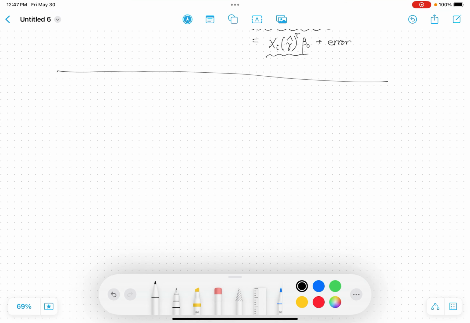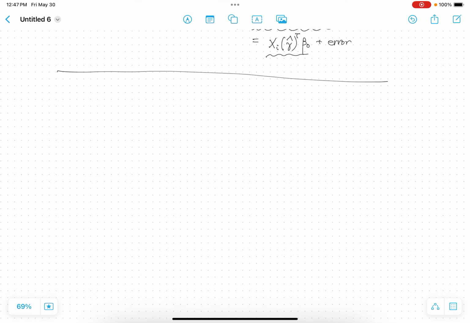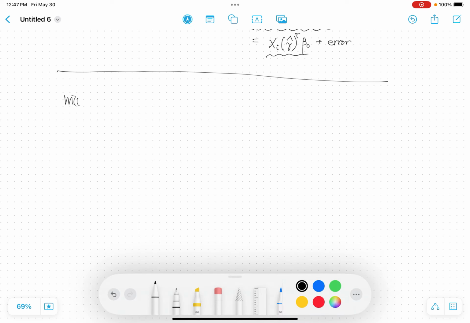In the second stage minimization problem, we are minimizing over beta, and I will write it this way: function L of beta given gamma. I will use this vertical bar to explicitly denote that gamma is given, and it is just a function of beta. We are minimizing with respect to beta only.